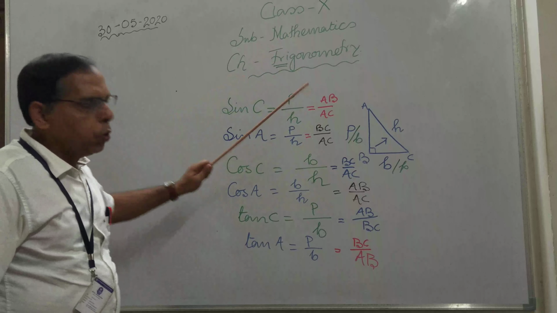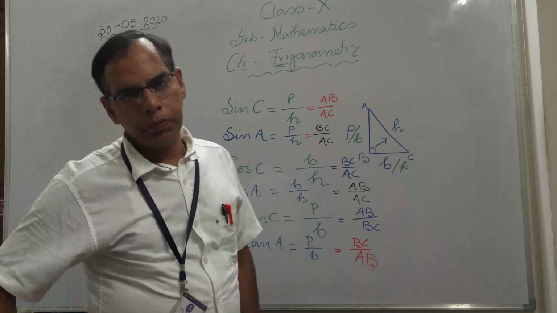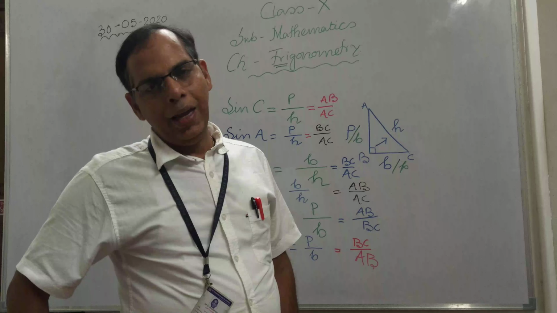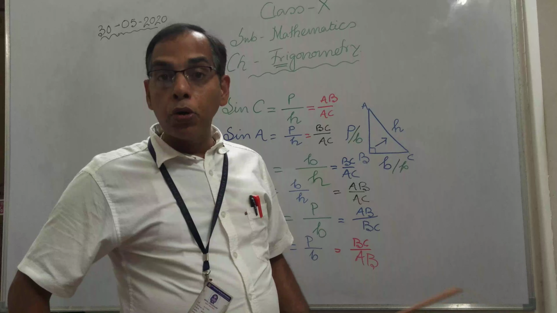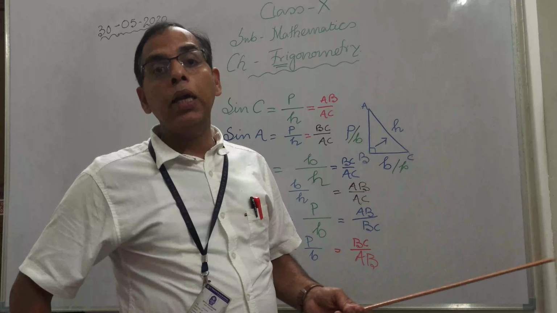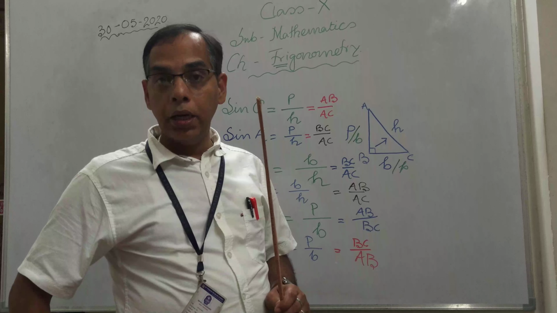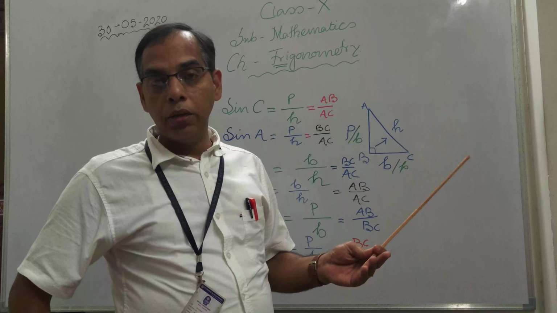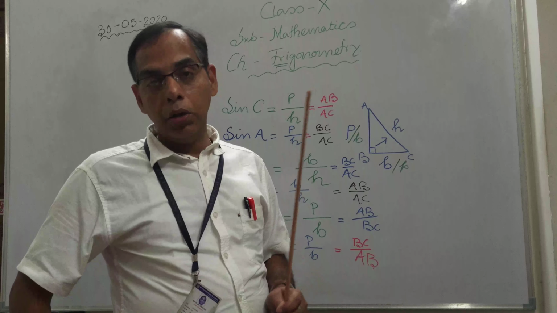So from here, what will be the conclusion? Conclusion is that the side opposite to the angle considered, other than the right angle. Remember, right angle is fixed. Last time also when I compared both the triangles, I showed you the right angle remains the same.